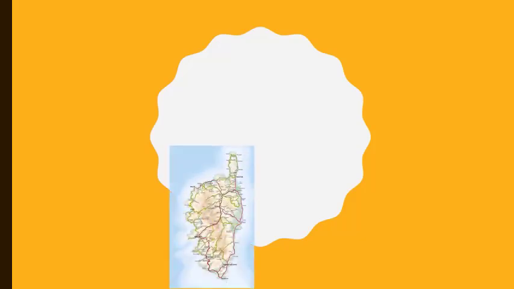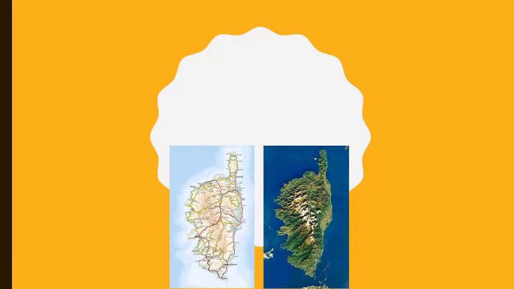Okay, so the next thing is the key vocabulary. So please take a look at the picture here. This vocabulary is about a place. Do you see an island? This is the picture of the island that we are going to study in our lesson, and this is the picture from the top.